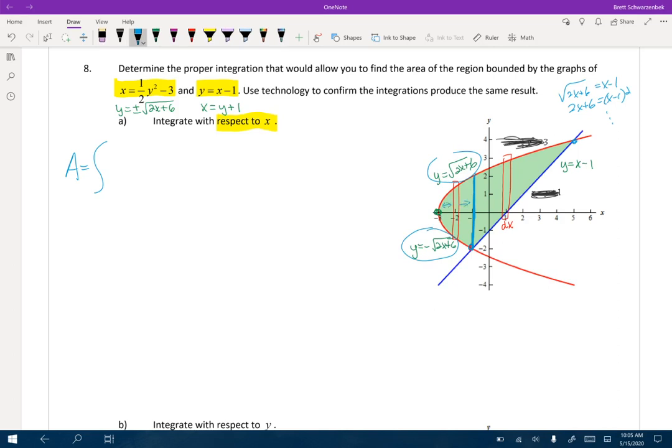And we're doing the topmost root 2x plus 6 minus, actually I will do it this time, the lower one, which is negative quantity root 2x plus 6, dx. So that is the first region. So what will that find? That'll find this area right here. Find that region right there.